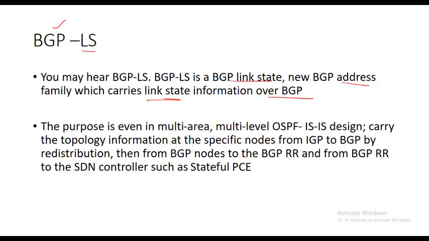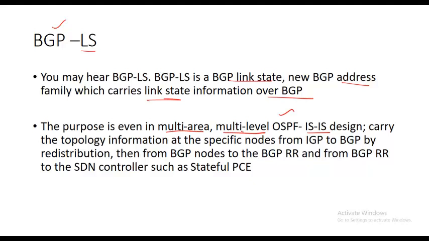So in order to get a complete picture of topology, if you are running BGP along with this OSPF, you can use that BGP to throw the topology information of one area to the other. So BGP will carry that information, see?